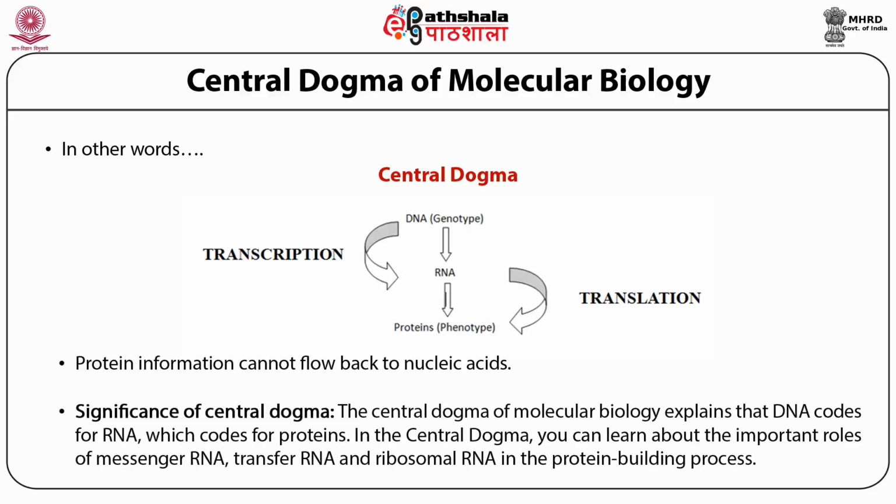Significance of the central dogma: it explains that DNA codes for RNA, which codes for proteins. In the central dogma, you can learn about the important roles of messenger RNA, transfer RNA, and ribosomal RNA in the protein building process.